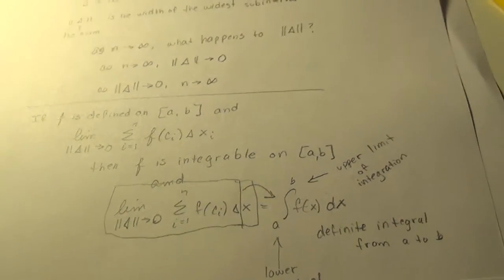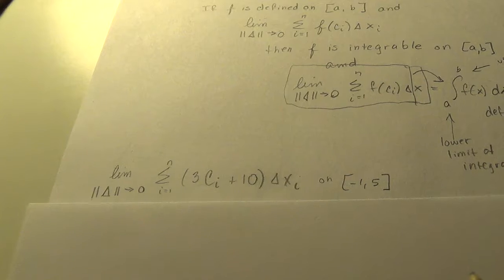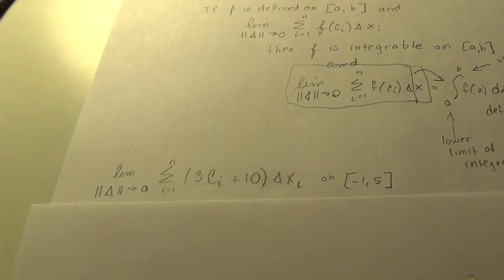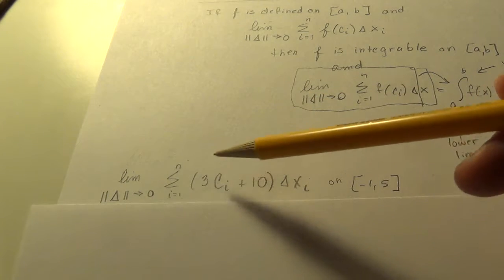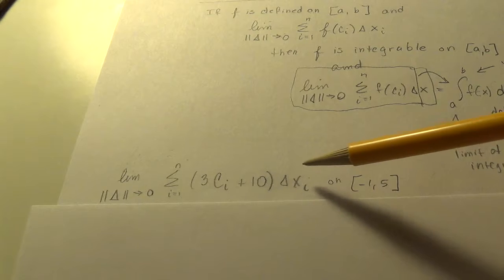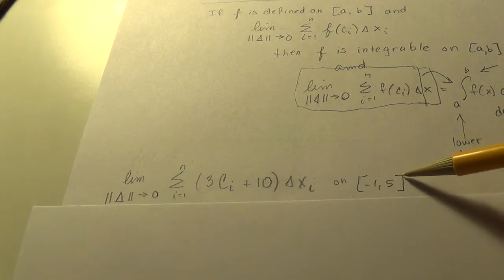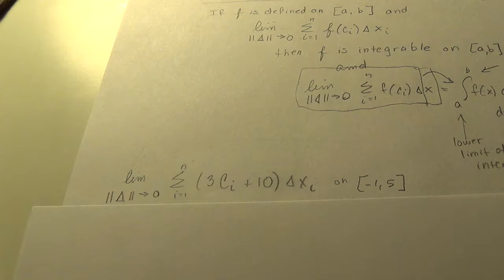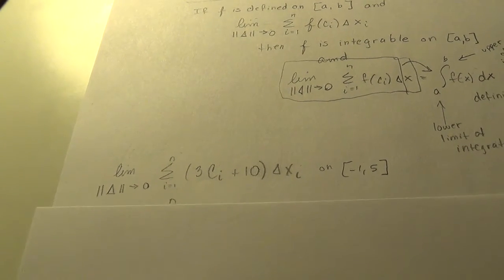For example, suppose I say this: the limit as the norm goes to 0 of the summation i goes from 1 to n of 3 times c sub i plus 10 times change of x sub i on the interval from -1 to 5. So can you give me the definite integral that this is representing?